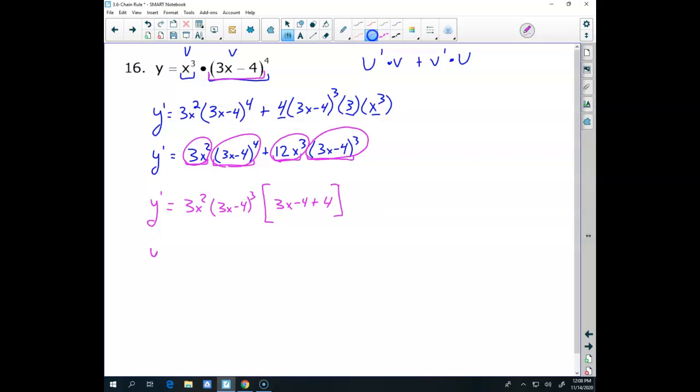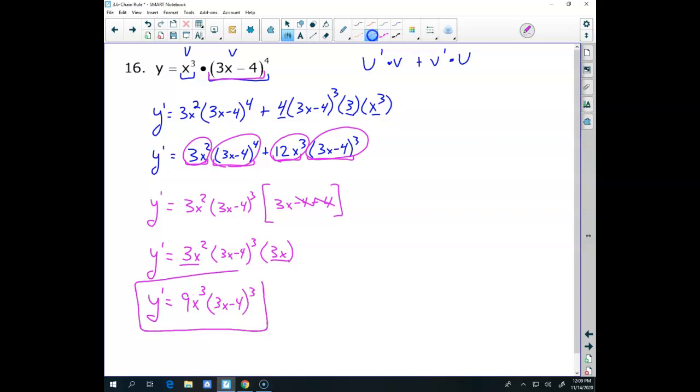So this whole derivative now, I can see that 4 goes out. So I really have 3x squared times 3x minus 4 cubed times 3x, and I could put these two together and call it y prime is going to be 9x to the third times 3x minus 4 cubed.